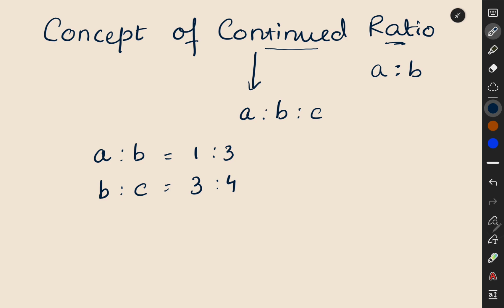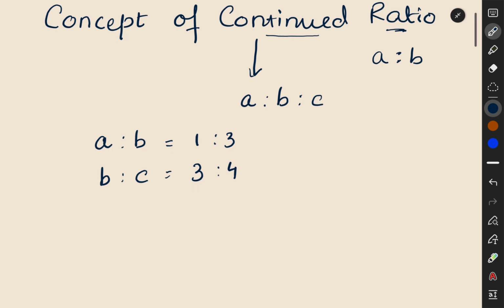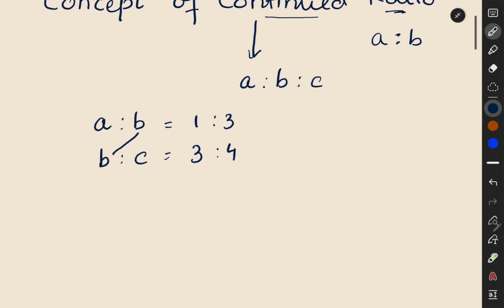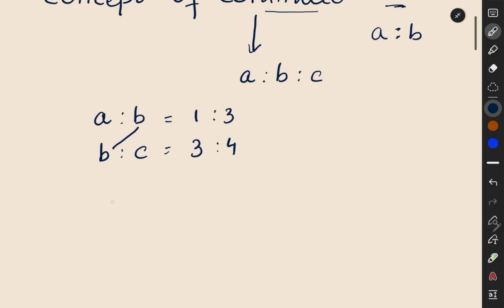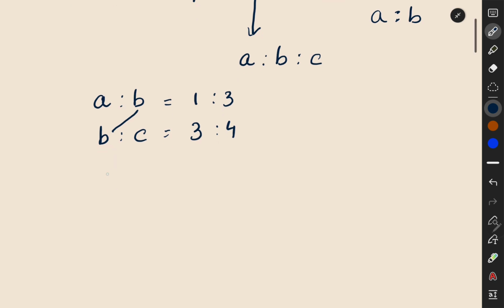So to find the continued ratio, first we see that the elements of the two ratios have one element common, that is B. One element of the two ratios must be same. So to find the continued ratio, we have two cases. In the first case, how to find the continued ratio?